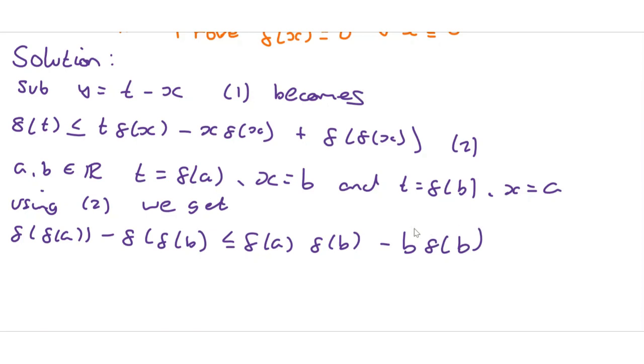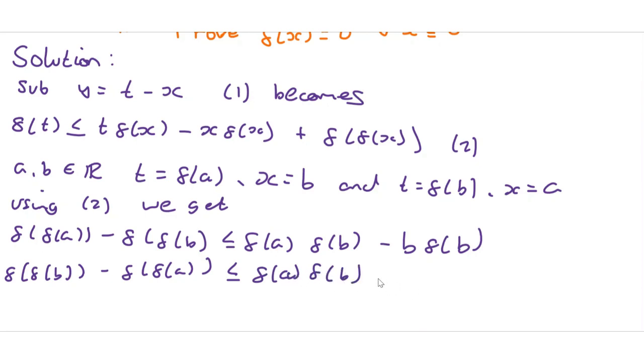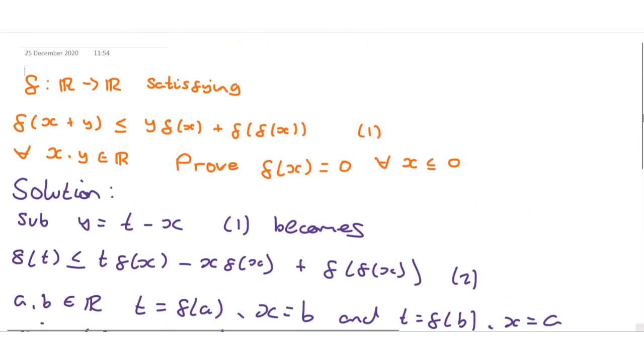And we also get that f of b minus f of a is less than or equal to f of a f of b minus a f of a. Then we add up the two inequalities.